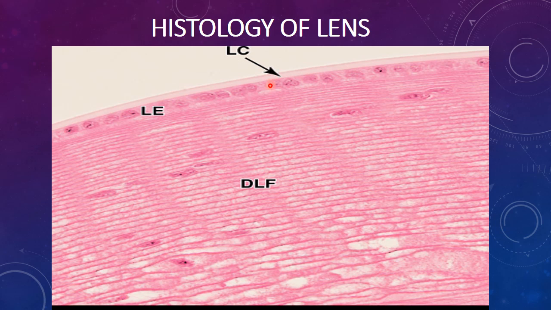This is the structure of the lens capsule, the lens epithelium, and the dense lens fibers making up the histological structure of the lens. So these are just accessory components in the eye.